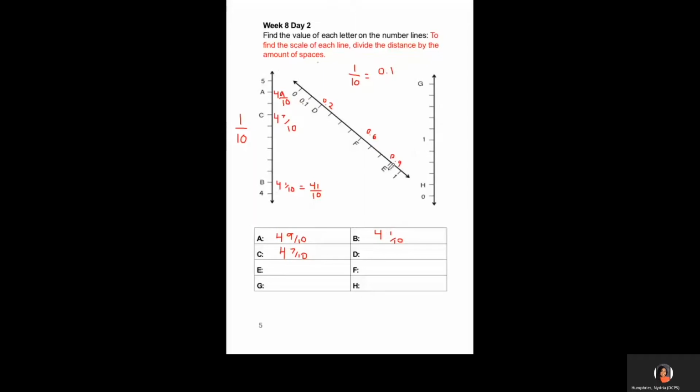So let's go ahead and complete our values here at the bottom for each letter. So D is 2/10. F is 6/10. And E is 9/10.